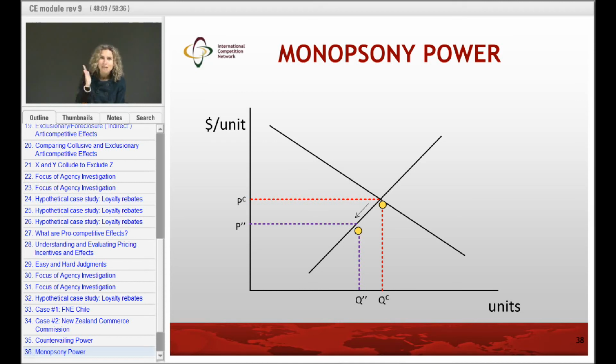This is because now it's the supply curve that's dictating the amount of output that comes onto the market, and price is now below competitive levels. Suppliers are not getting a competitive return, and so they're going to withdraw product from the market. Some suppliers might exit, or they just reduce the amount of output they make available, or they could just decrease the quality of the goods. So on a quality adjusted basis, we still have this decrease in output.